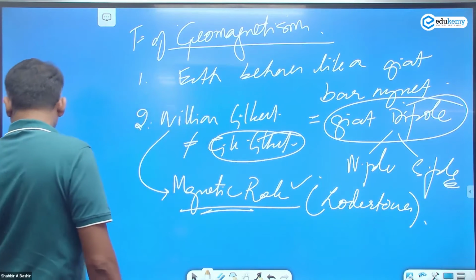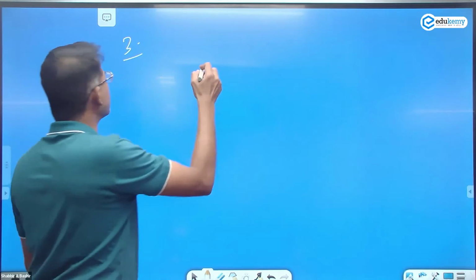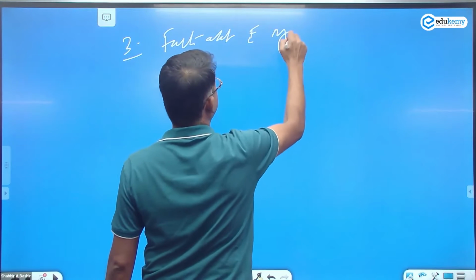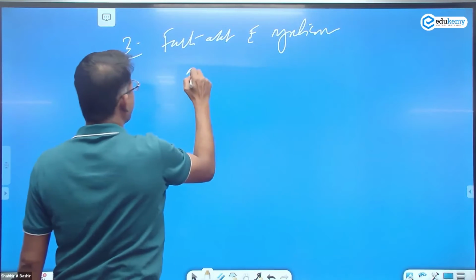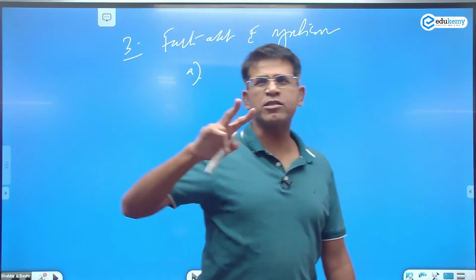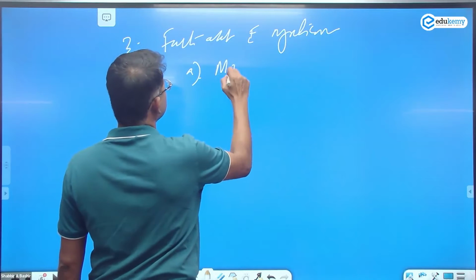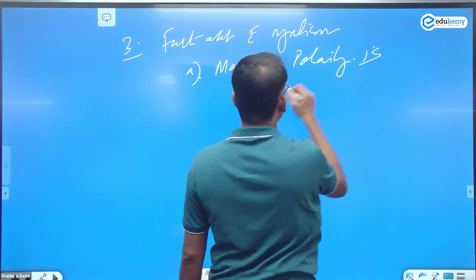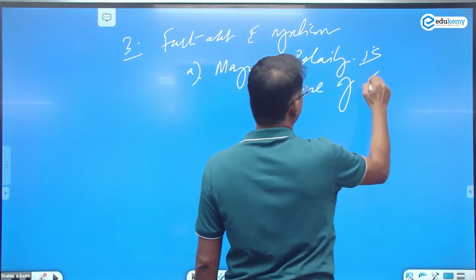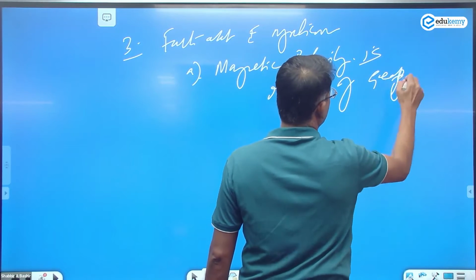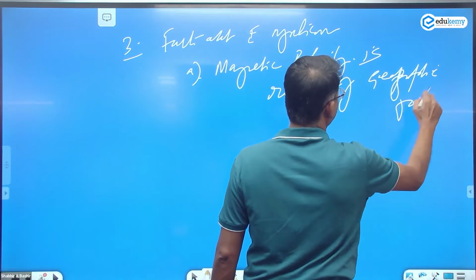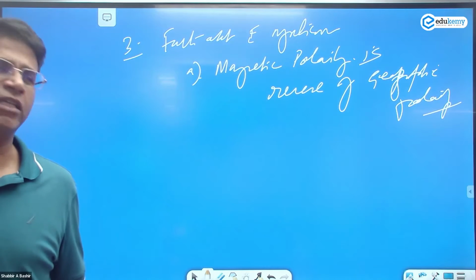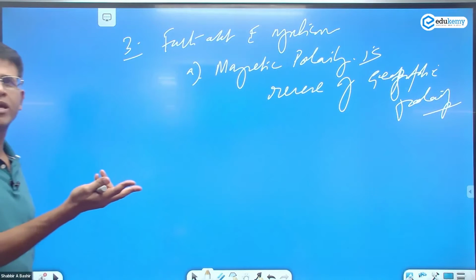Okay, very elementary. Achha. The third thing, there are certain facts about Earth's magnetism. Okay, one fact is that Earth's magnetic polarity is a reverse of Earth's geographic polarity.